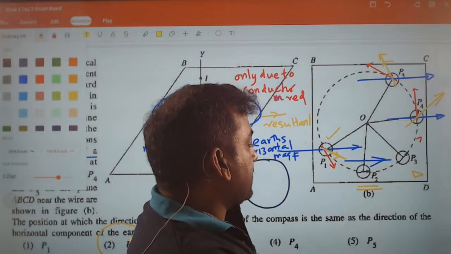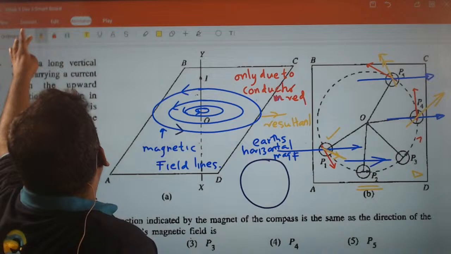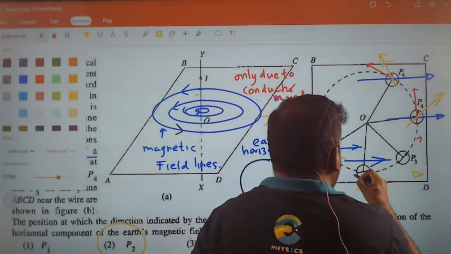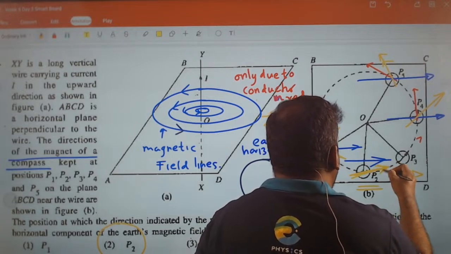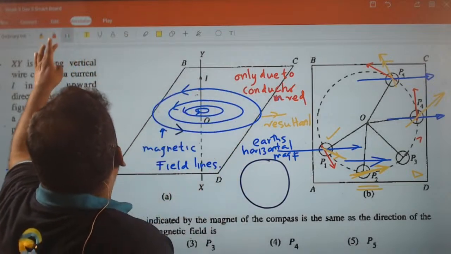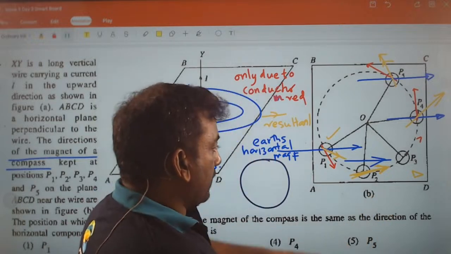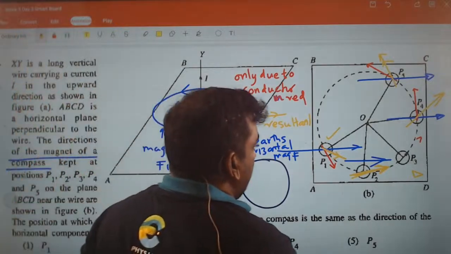Both are parallel means same direction. Here it is slightly not parallel. You can see here the resultant is at an angle this way. So that's not the case. Right? So resultant at an angle, here tangent. Here resultant is at a tangent.